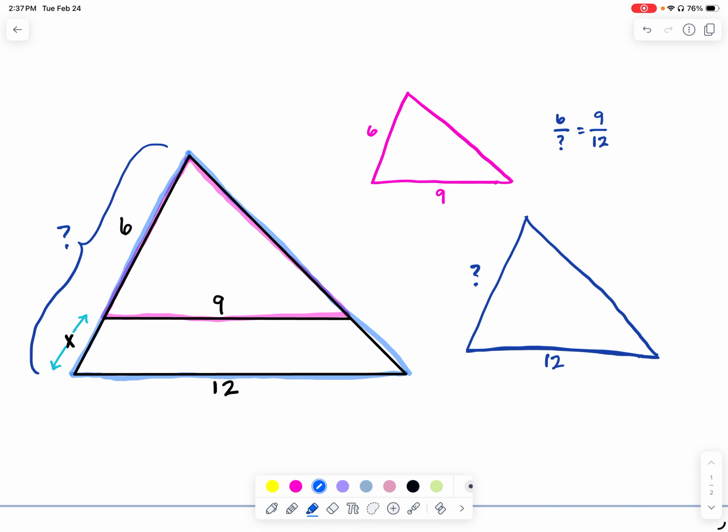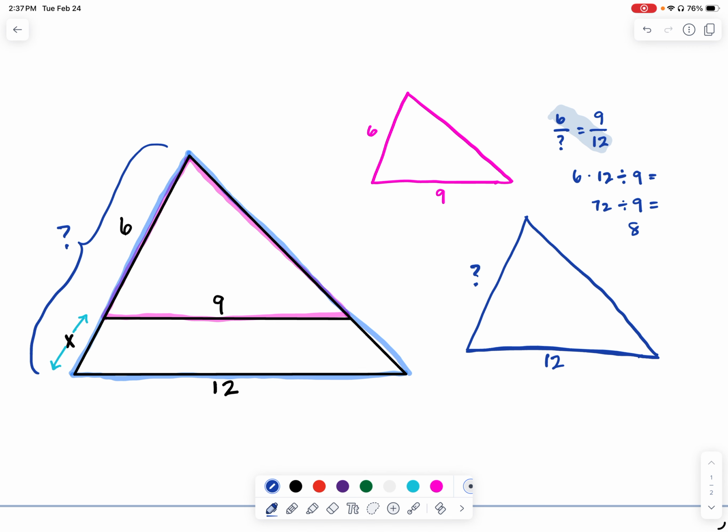I'm going to cross multiply. So we'll multiply 6 and 12 together and divide by 9. And 6 times 12 is 72, and 72 divided by 9 is equal to 8.